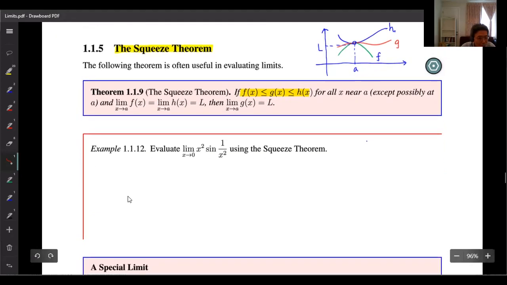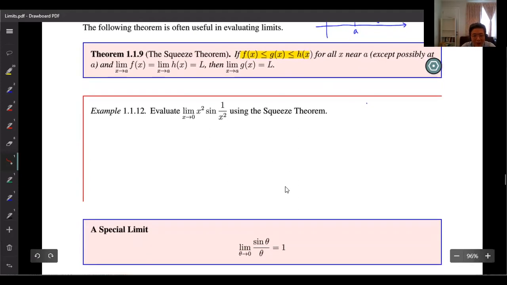Okay, so let's do one squeeze theorem problem. How do I calculate this limit? You may say easy, I do it this way.